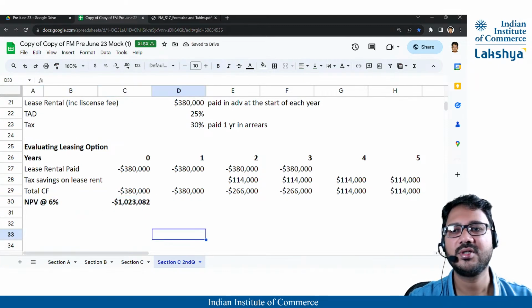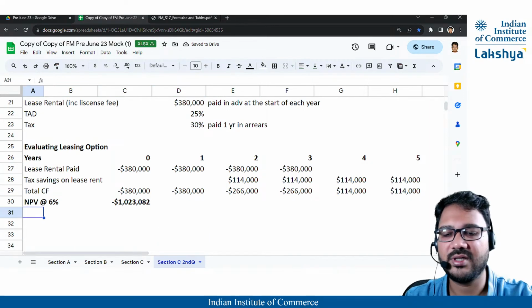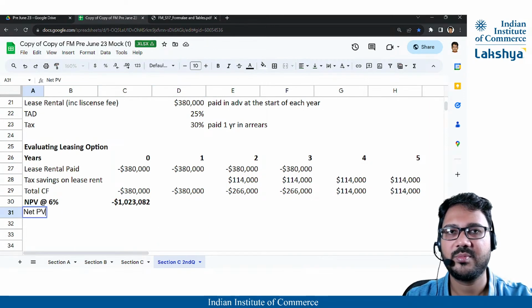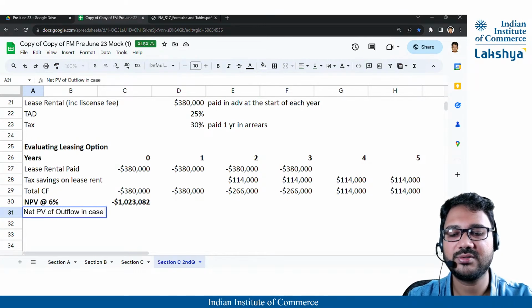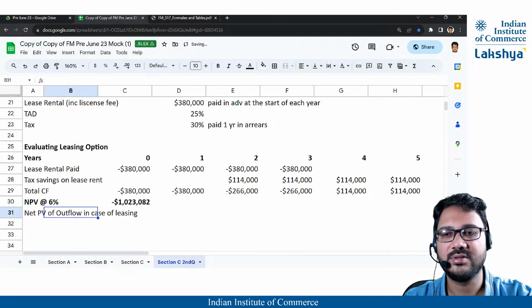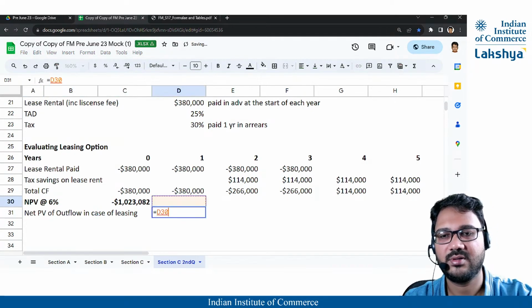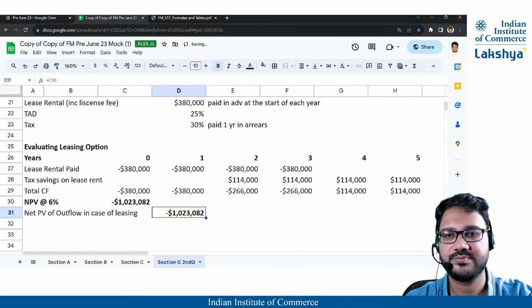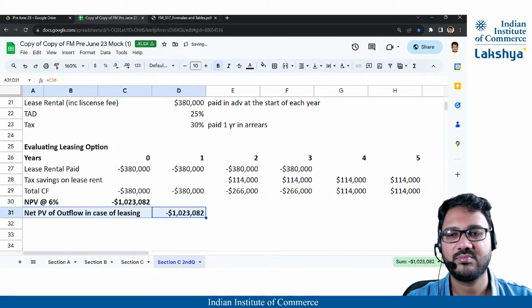So therefore, we can say that the net present value of outflow in case of leasing is this much. Can mark this.